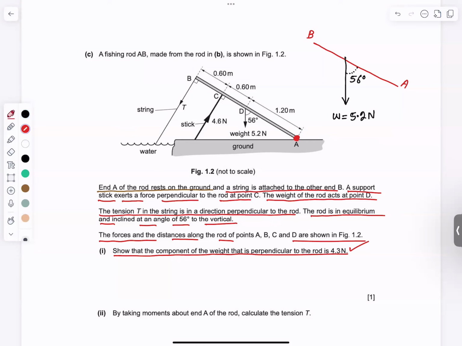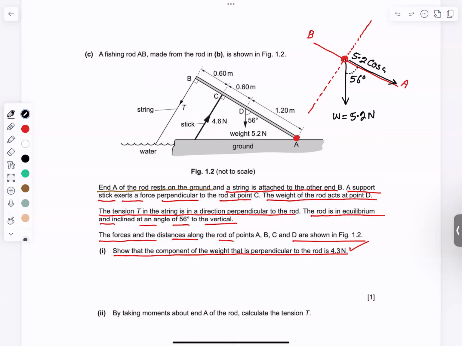Now, if we draw components of weight, we have two components: a component that is along the rod, and a component that is perpendicular to the rod. The component along the rod is 5.2 cos of 56 degrees.